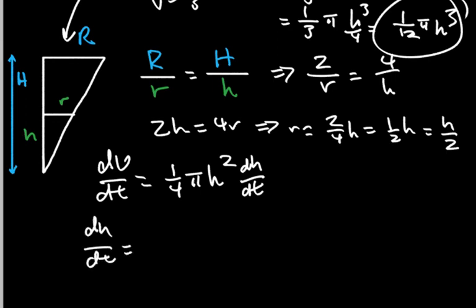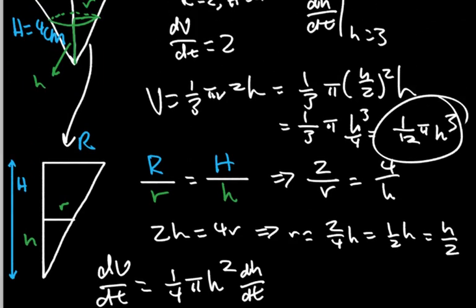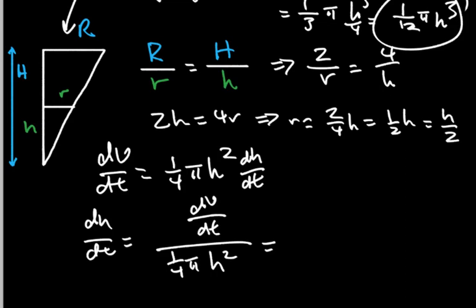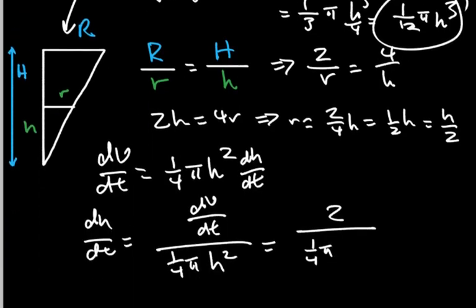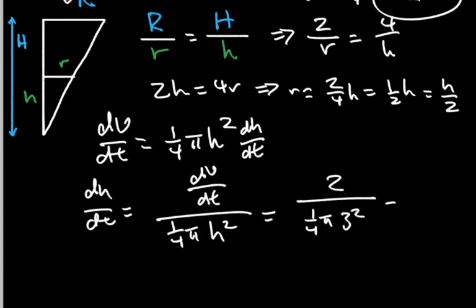dh/dt equals dV/dt all divided by 1/4 pi h squared. So dV/dt is 2. 1/4 is just there, times pi, and then h. What is h? It's 3. So 3 squared. So we get 2 over pi over 4 times 9.